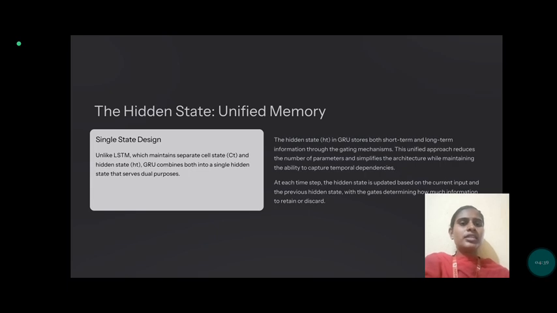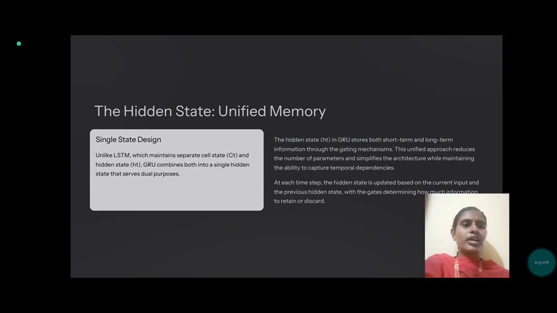Next, the hidden state, which means unified memory, a single state design. Unlike LSTM, which maintains a separate cell state and hidden state, GRU combines both into a single hidden state that serves a dual purpose. The hidden state in GRU stores both short-term and long-term information through gating mechanisms.